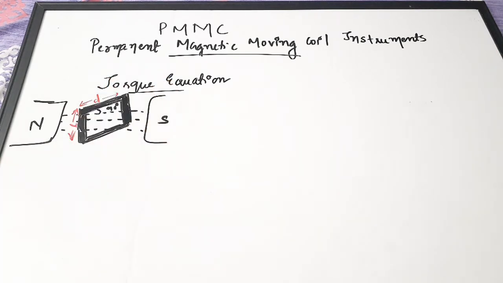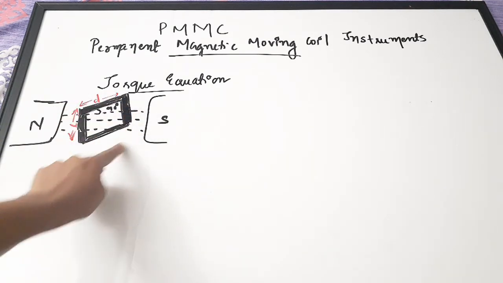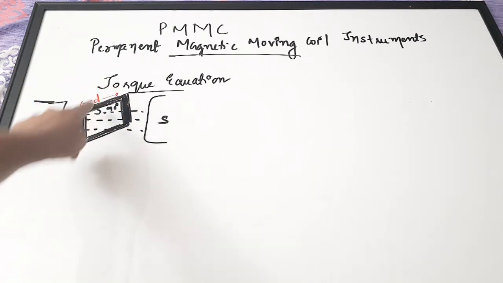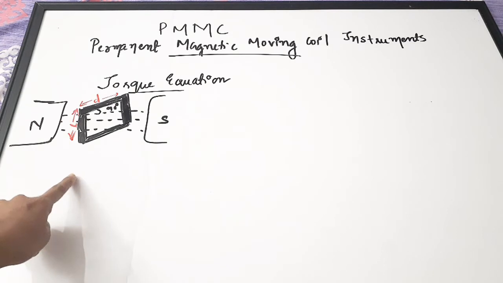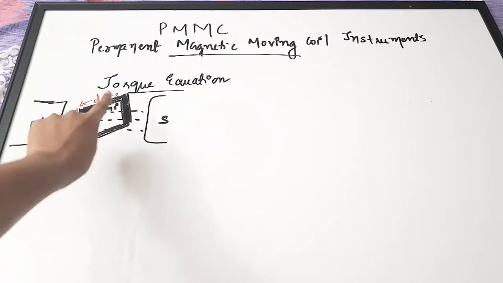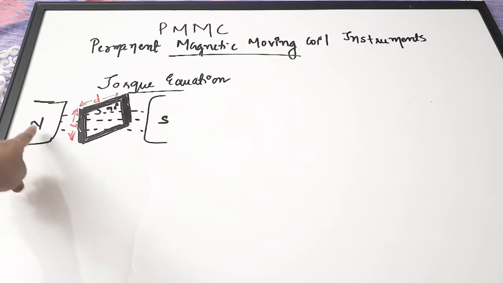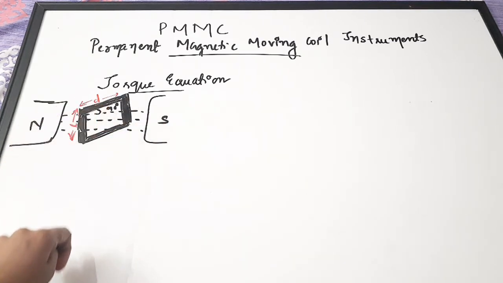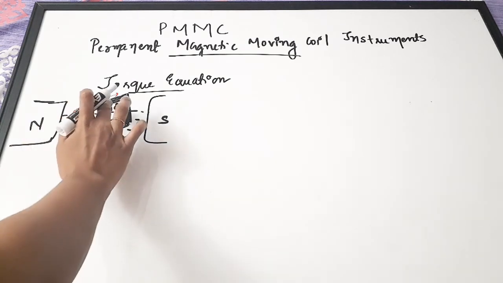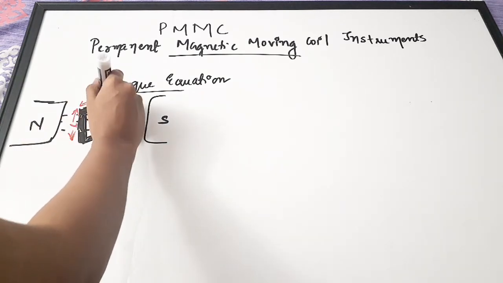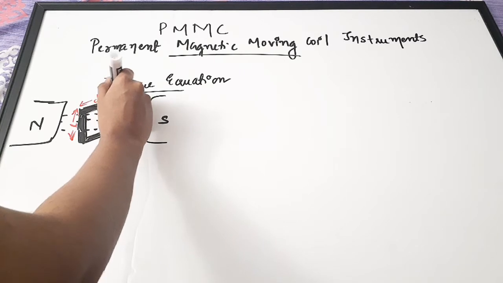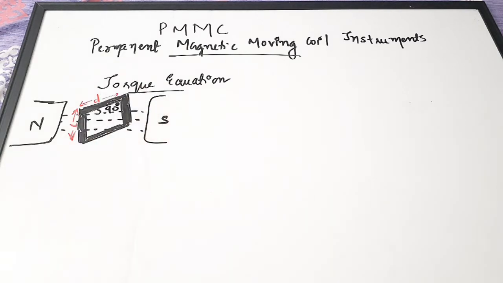This coil in black color has dimensions L and D. I hope you can see it. It is L and D. The angle made by the coil with the magnetic field is marked here, and it is 90 degrees. I hope you can see all these things.